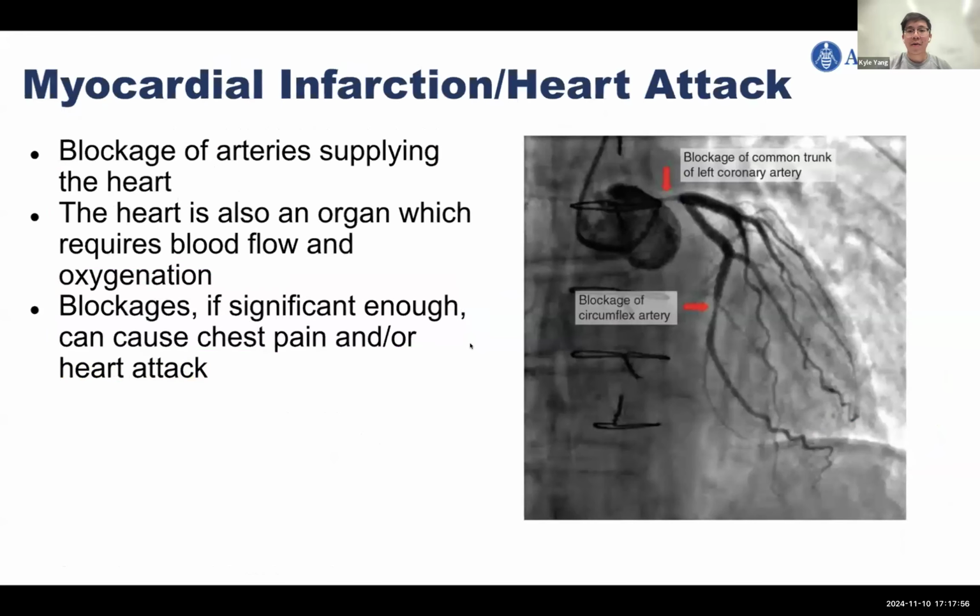Okay. And I wanted to take a step back here and talk about a heart attack or myocardial infarction. So as we know, the heart is a vital organ and it needs blood itself to function. And so a heart attack really arises when you have blockage of the arteries I discussed in the last slide, stopping the blood from reaching the heart and keeping it running.